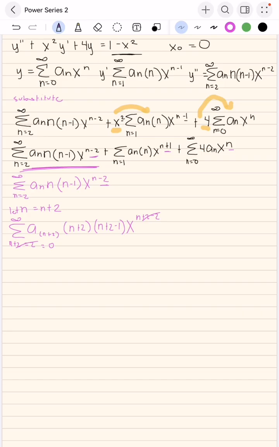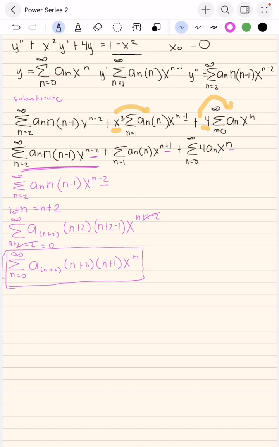So this would be the summation from n equals 0 of a_(n+2) (n+2)(n+1) x^n. Okay, let's highlight this one.